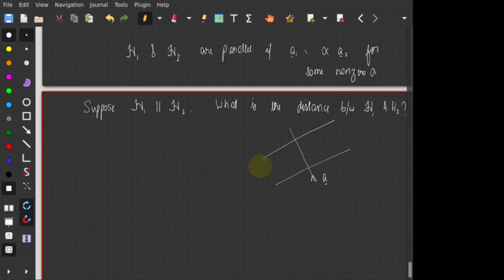Correct. You know that the angle cut by this ray with the hyperplane is 90 degrees. They're orthogonal. So the minimum distance between these two hyperplanes is the distance along this line segment. Essentially all you need to do is find the point at which the ray intersects hyperplane H1, find the point where the ray intersects hyperplane H2, and find the distance between these two.